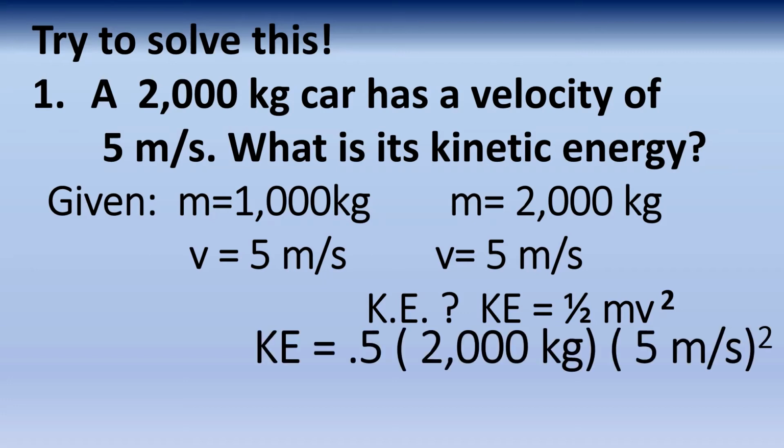Substitute the value of mass: 0.5, that is 1/2, the mass is 2,000, and the v is 5 meter per second, squared. So you multiply 5 times 5 times 2,000 times 0.5 and the answer is 25,000 J, or joules, or Newton meter.